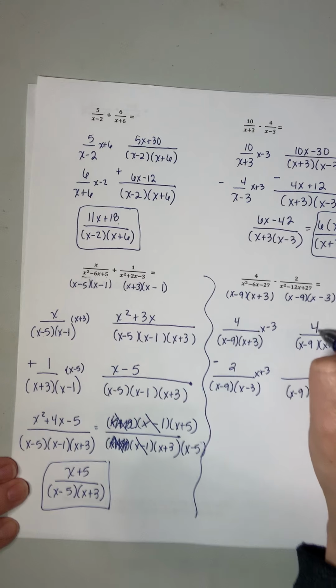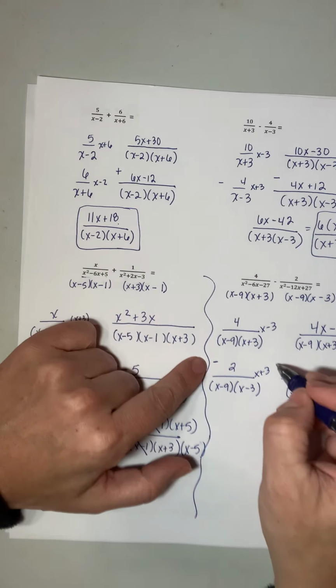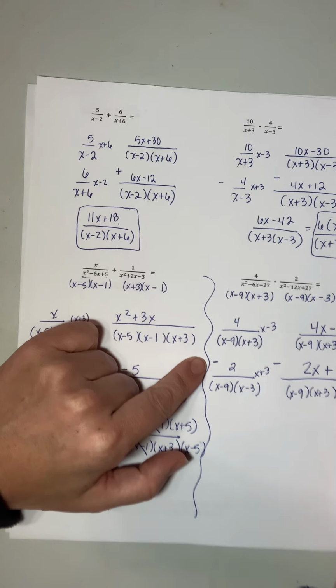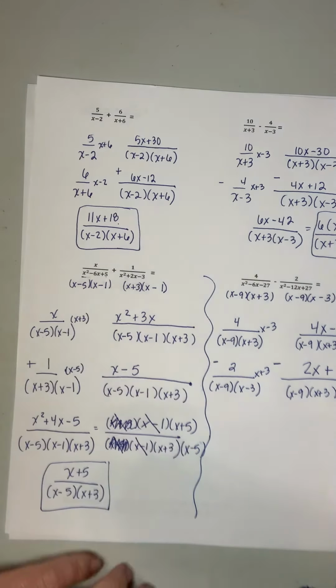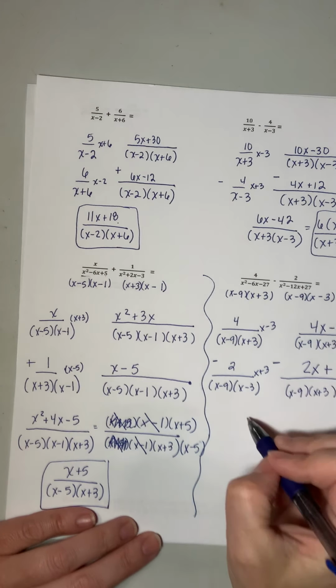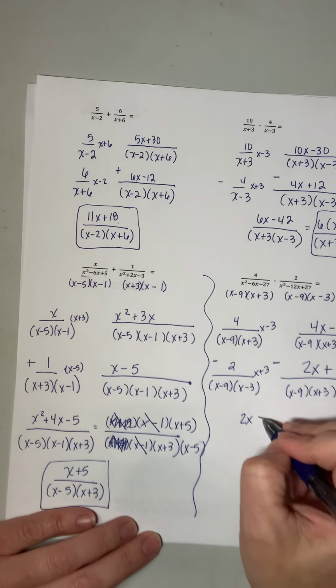So I have 4x minus 12 minus 2x plus 6. So I have 4x minus 2x is 2x. I have negative 12 minus 6 is negative 18.